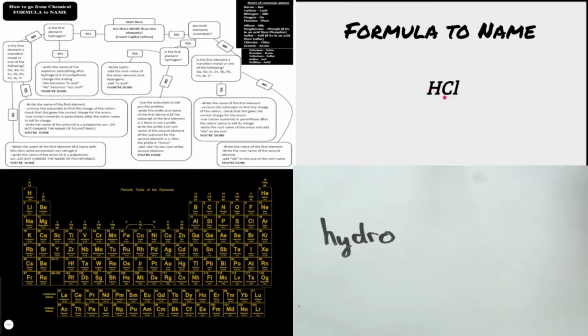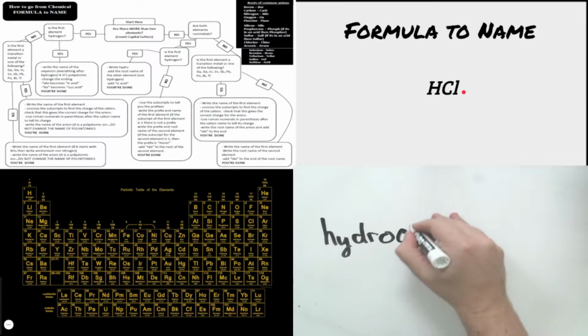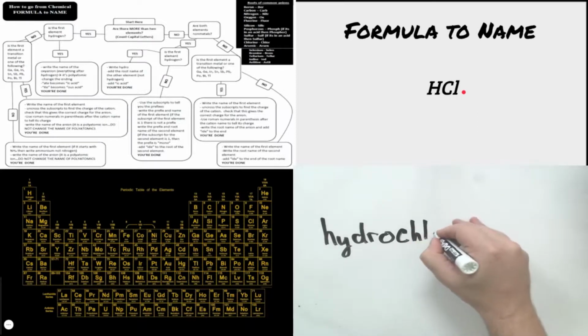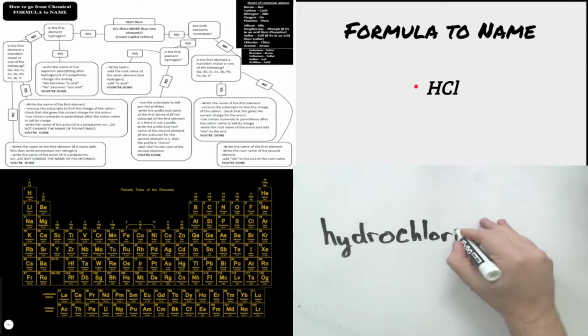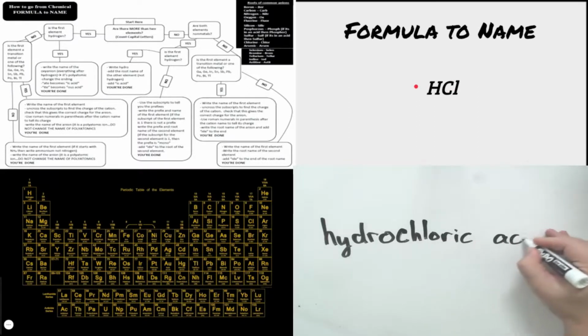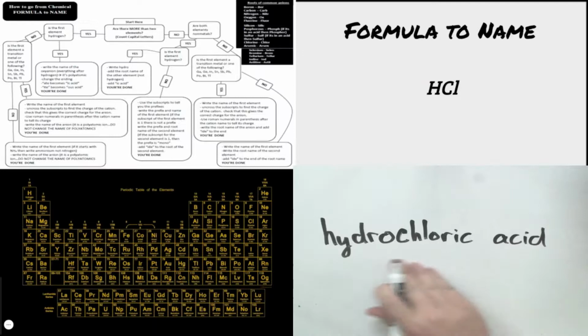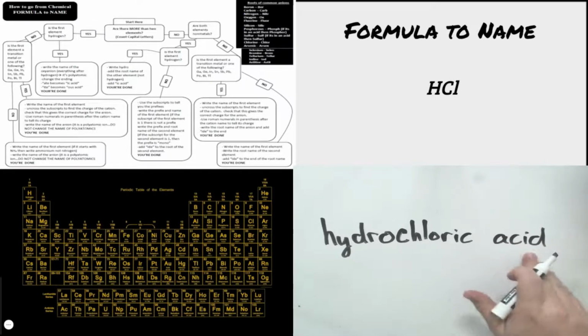So the other element would be the one that's not hydrogen. So the other element here is Cl. So the root of chlorine is chlor. And then I add ic acid. So hydrochloric acid. Okay, hydrochloric acid.